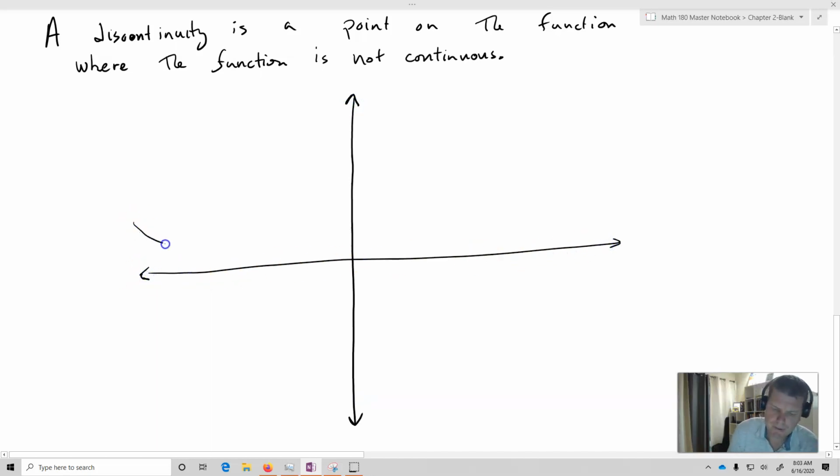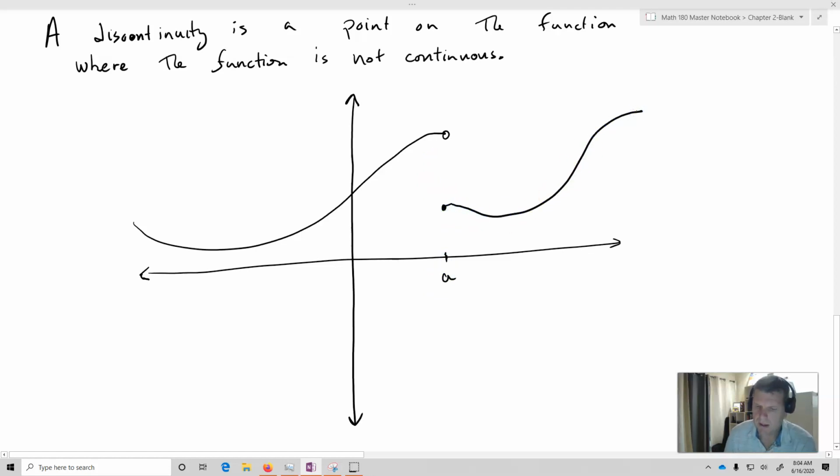All right? This is a jump discontinuity.